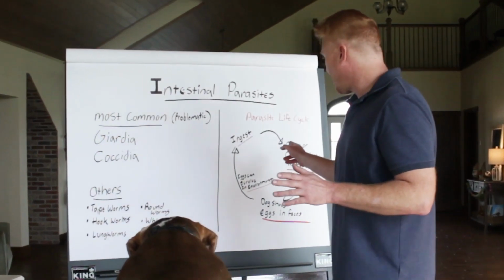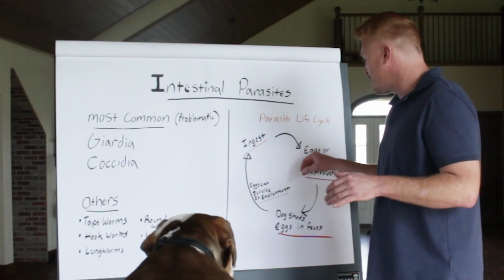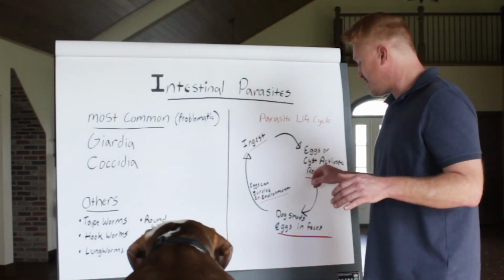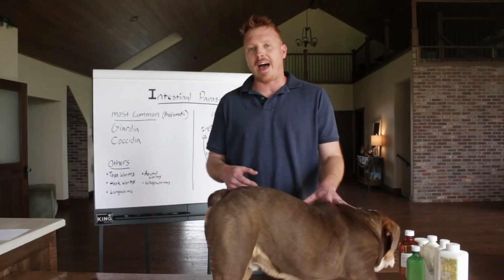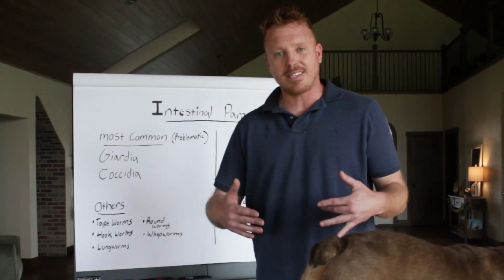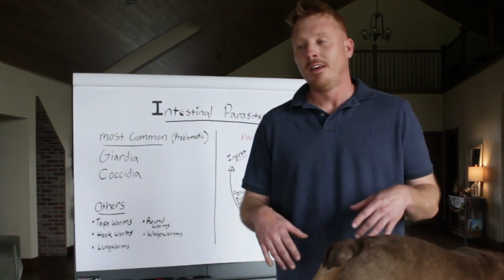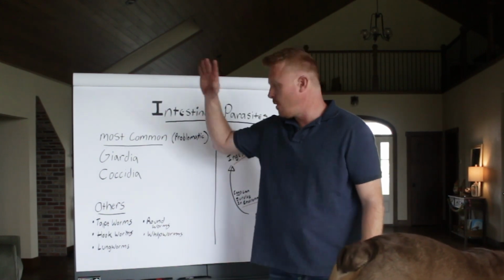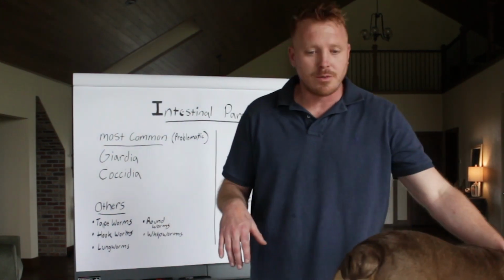One of the things I didn't explain within this life cycle is that sometimes these eggs or cysts, instead of going through the feces, when a mother is lactating and the puppies are nursing, sometimes those eggs will actually be released into the milk stream. They will go directly to the puppies where they will be infected with either a Coccidia or a Giardia, and puppies are directly exposed to parasites.